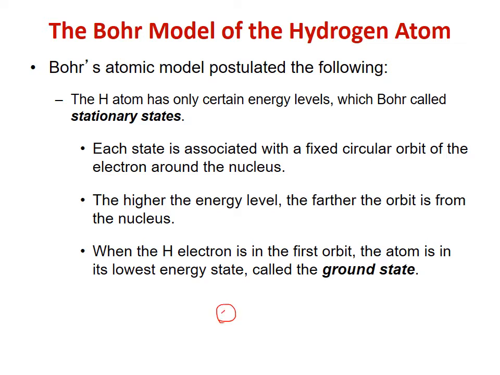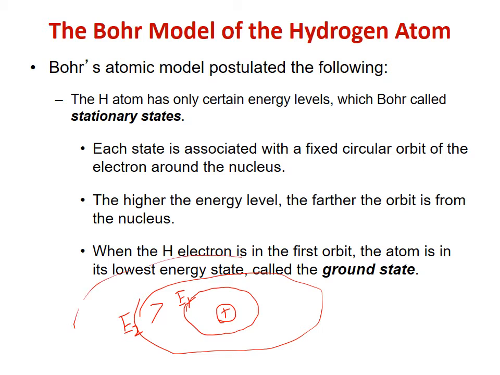So here is the nucleus and an electron in its fixed orbit with energy E1. The higher the energy level, the further the orbit is from the nucleus. So you have another fixed orbit with energy E2. E2 is greater than E1, and so on.